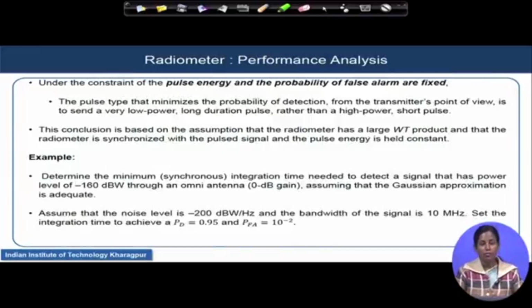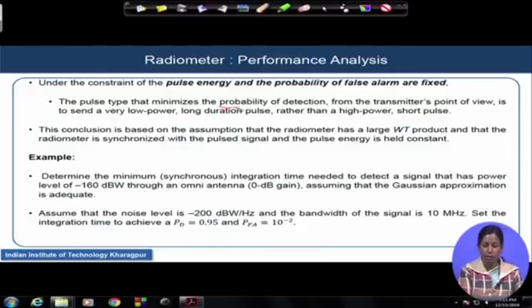So under the constraint that the pulse energy and the probability of false alarm are fixed, the pulse type that will maximize the probability of detection, which is the main interesting part from the transmitter's point of view, will be sending very low power and long duration pulses, not high power and short pulses.